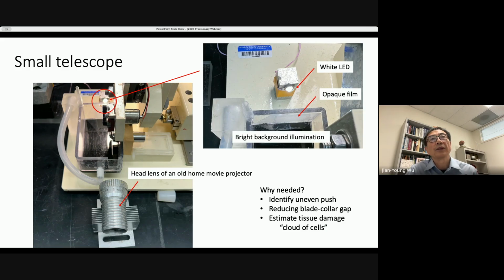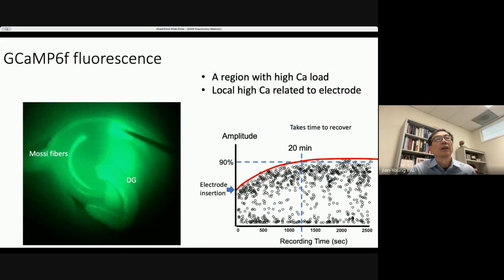We found these simplified steps are good enough to get good sharp waves from the ex vivo hippocampal tissue. Okay, so now I'm showing slices from GCaMP6 transgenically labeled animals.